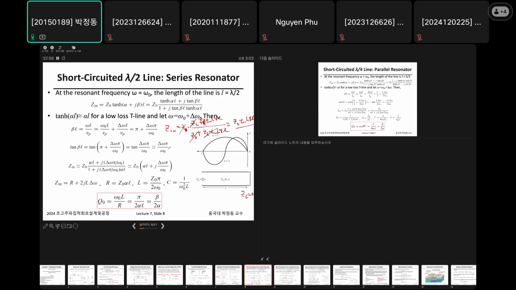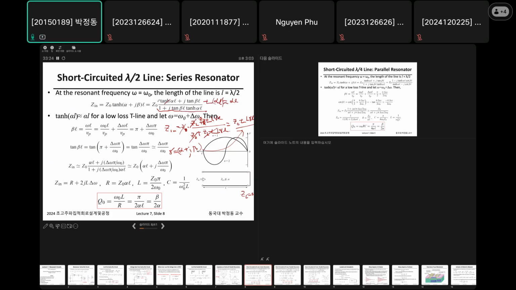So here gamma is alpha plus J beta. Okay, so you put that over here, then from the equivalence, you can express it like this. We can assume that alpha L is very small, so tangent alpha L is just approximately alpha L, so we substitute this.